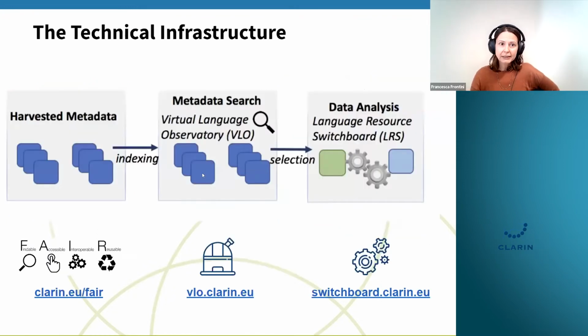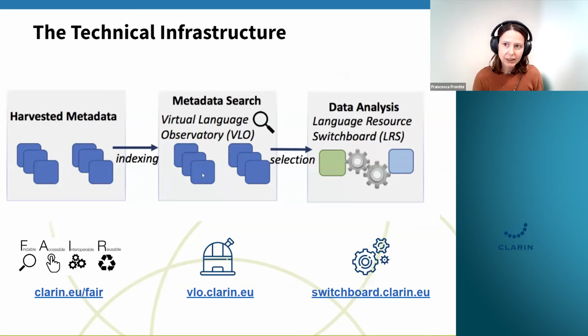At the core of CLARIN there is the technical infrastructure, which is ensuring the verification of language resources throughout our network, so as to make them findable, accessible, interoperable, and reusable. CLARIN centers are where data and services are stored and maintained, but with a harmonized set of metadata it is possible to access them centrally.